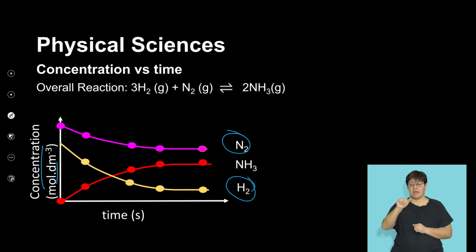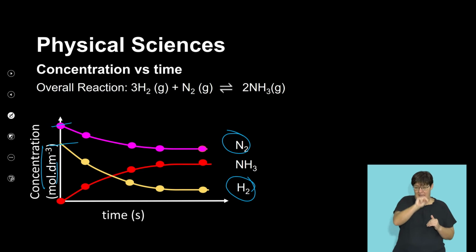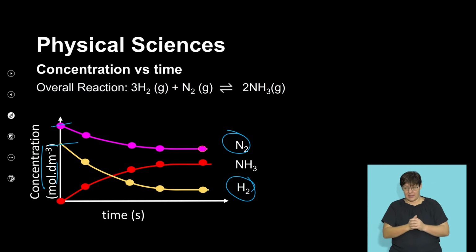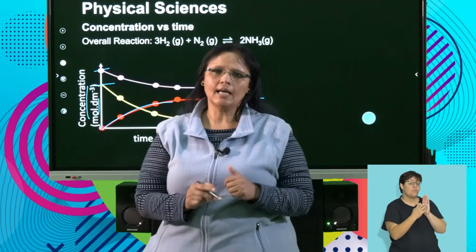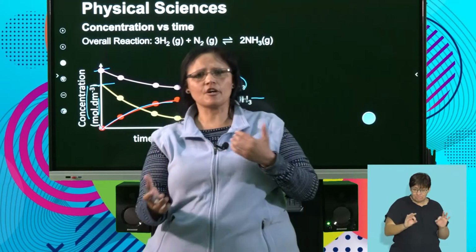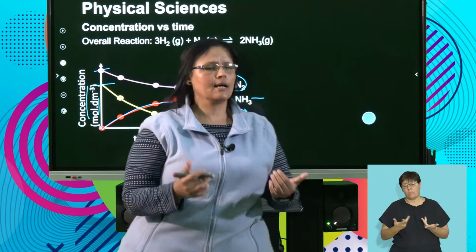So the concentration shows us that we start with high concentrations of nitrogen and hydrogen, and they will decrease over time, but we start with no concentration for ammonia at the beginning, and that will increase over time. Please make sure that when you get a graph, you check: is it a rate graph or is it a concentration graph? Okay.